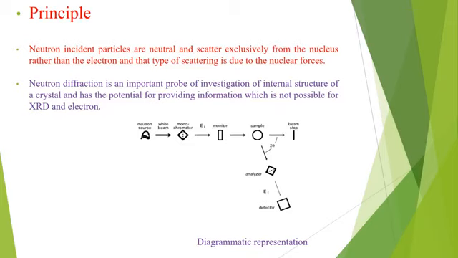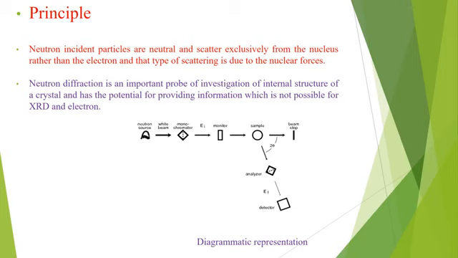So neutron particles have an advantage over electron particles because neutrons are neutral particles while electrons are negatively charged particles. Neutron diffraction is an important probe for investigating the internal structure of a crystal, and it has the potential for providing information which is not possible with XRD and electrons.